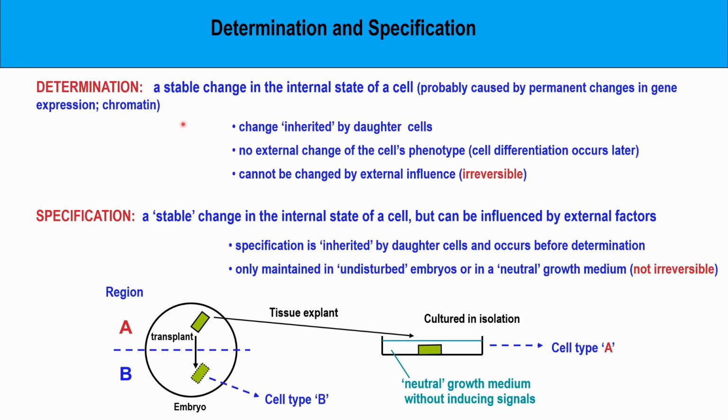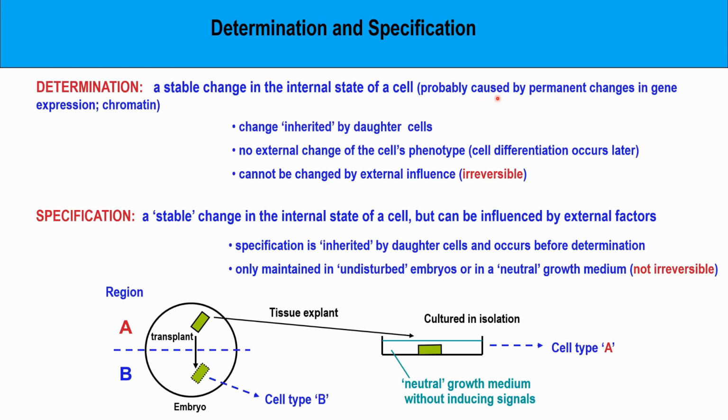They needed terms to describe what they were observing. And this brings us to the term determination, which is a stable change in the internal state of the cell, even if you can't see it in a phenotype. But through these explant and transplant experiments, you could say that they have a stable state. You couldn't change their fate.